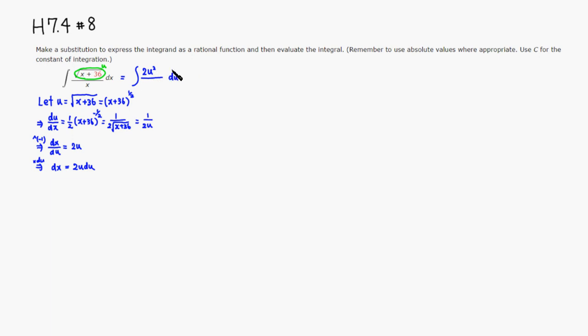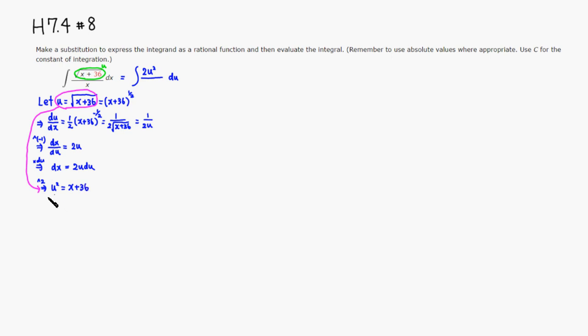Then we have to find out how to rewrite the x. We can just use this substitution equation right here. We can square both sides and get u squared equals x plus 36.